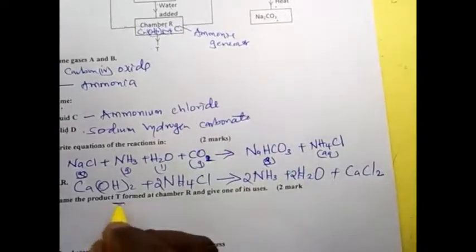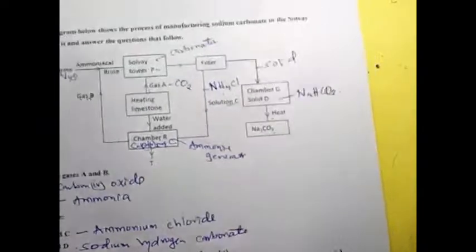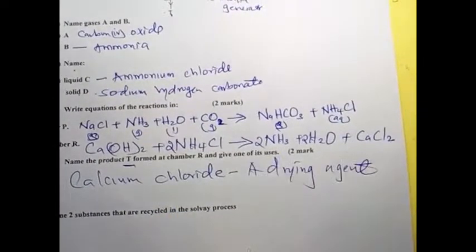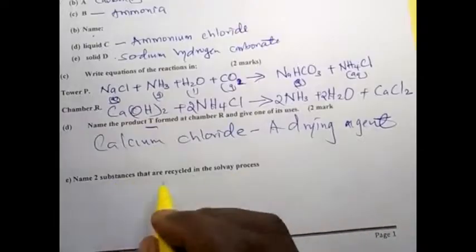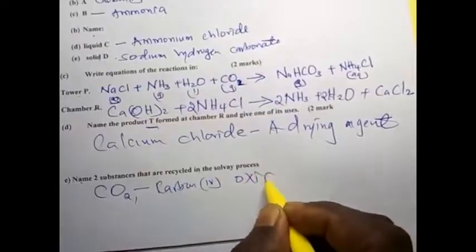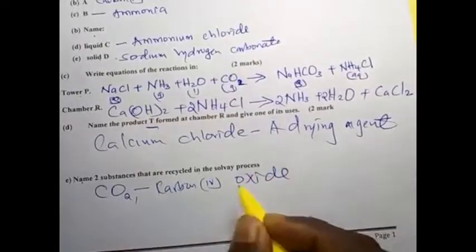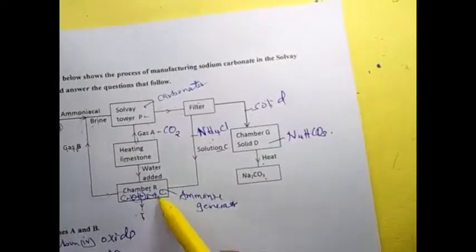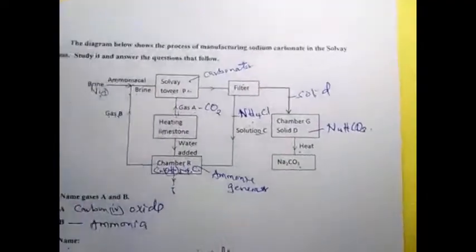This one is T. The only byproduct in the Solvay process is calcium chloride, which is used as a drying agent. Two substances that are recycled: carbon dioxide and ammonia. Ammonia being originated here, it is recycled.